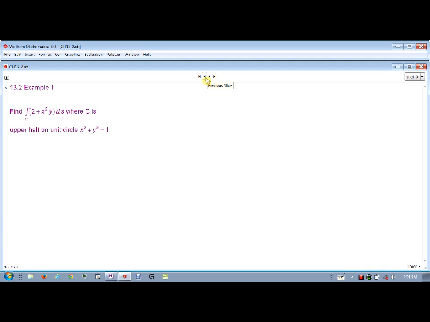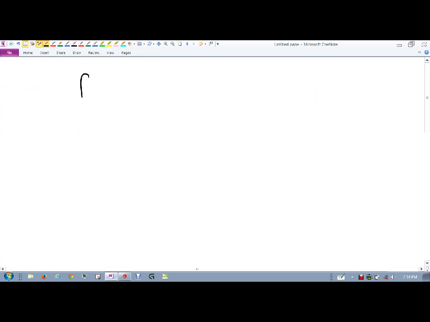So here we go. We'll do our first one. Find the line integral over C of this thing, ds, with respect to arc length, where C is the upper half of the unit circle. So what's the first thing we have to do?